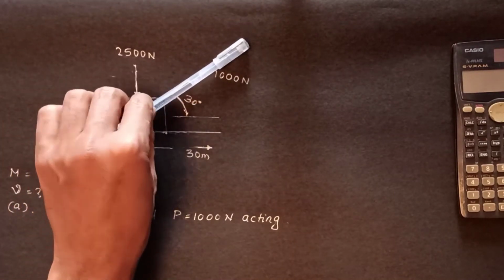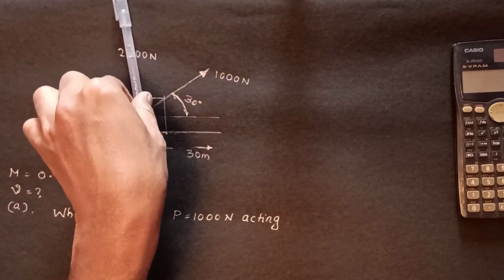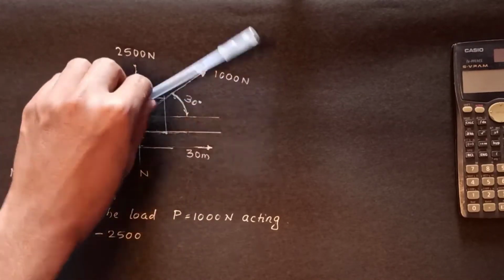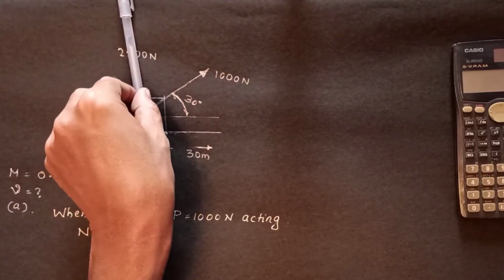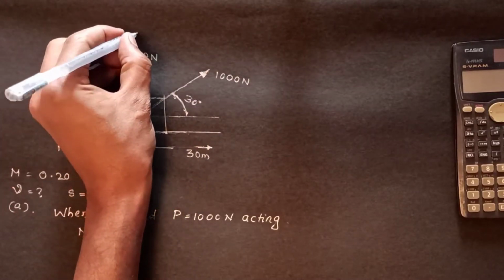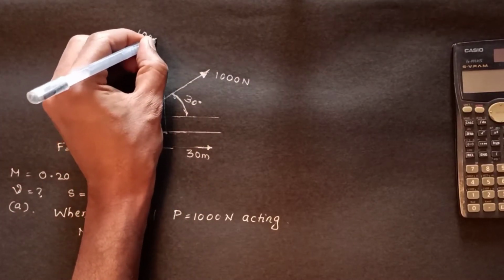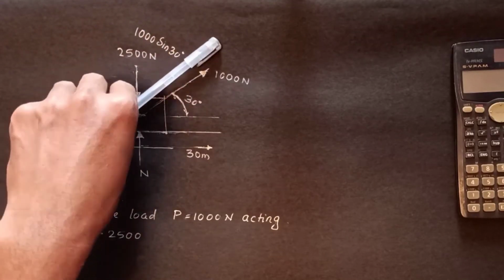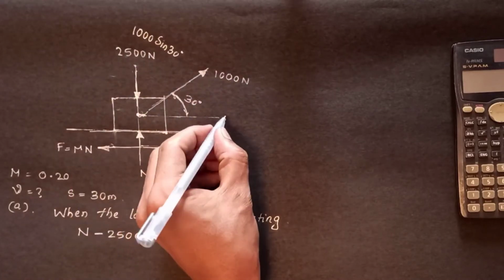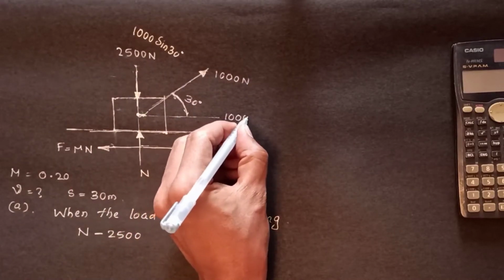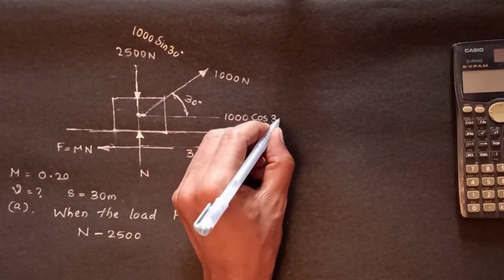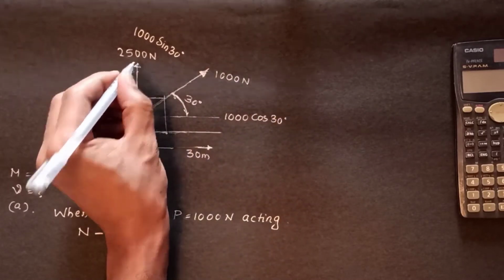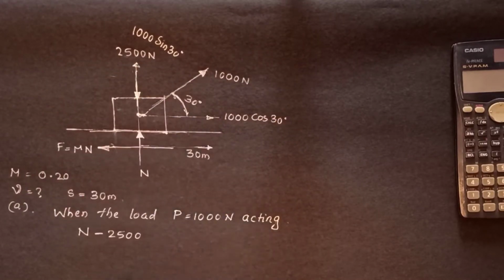The same force you can split into vertical and horizontal. Vertically it will be 1000 sine 30 degree, and horizontally it will be 1000 cos 30 degree, towards the right side.